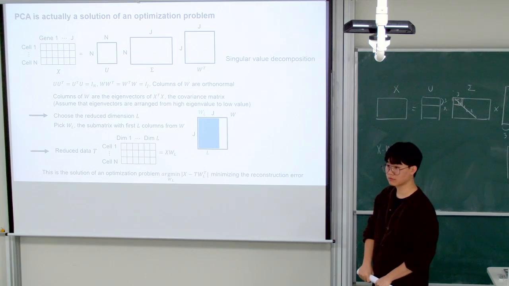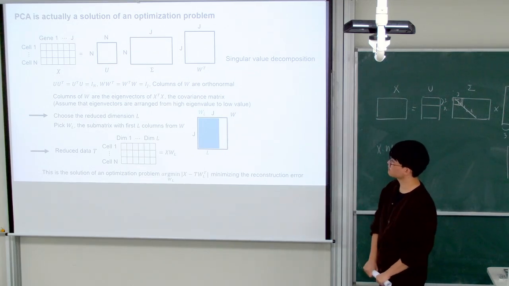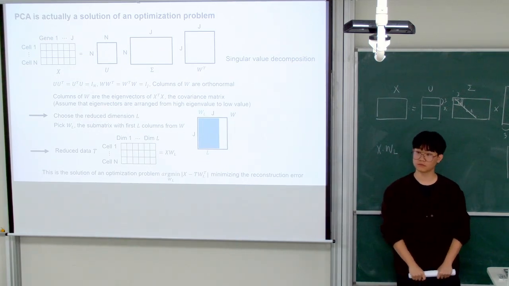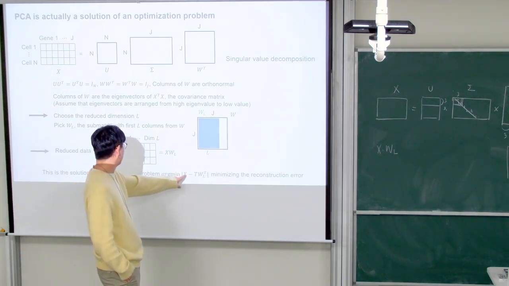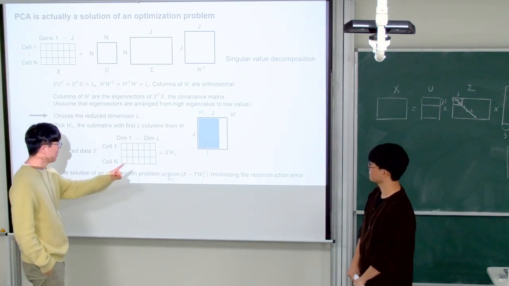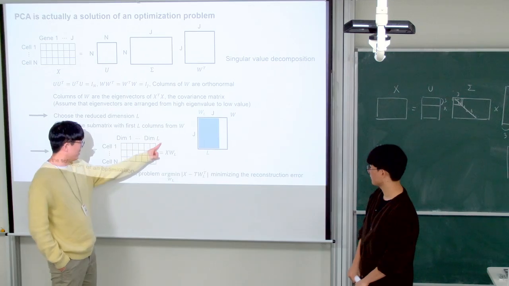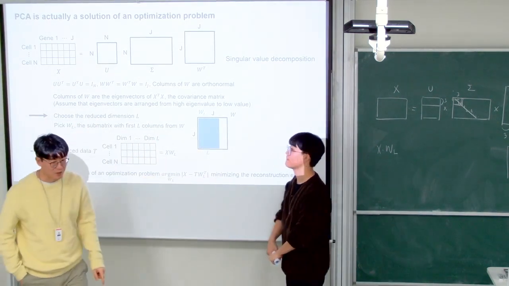Okay. It doesn't make sense. X is n by j, right? That's right. It's n by L. Yes. Times L by T. Then the size becomes the same. Okay.